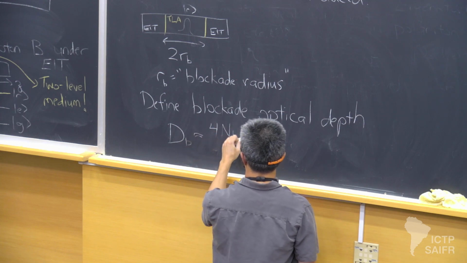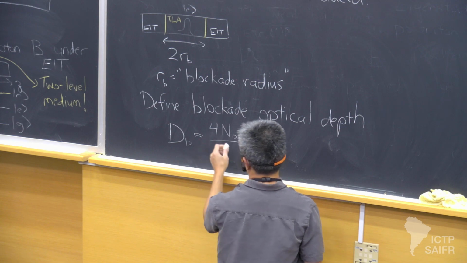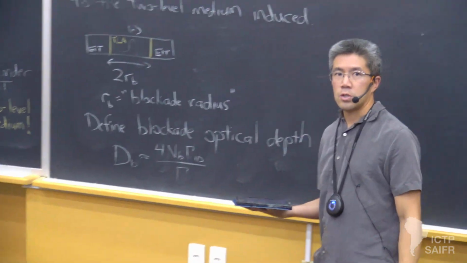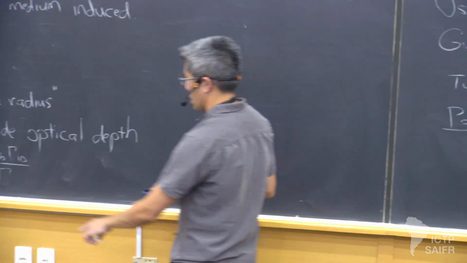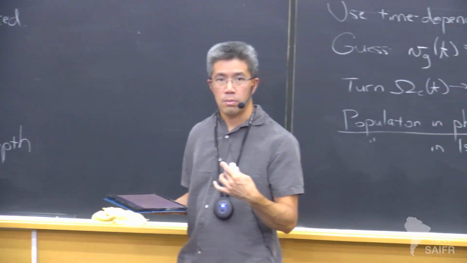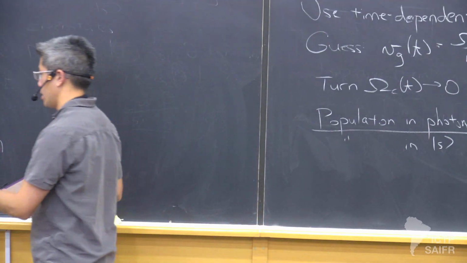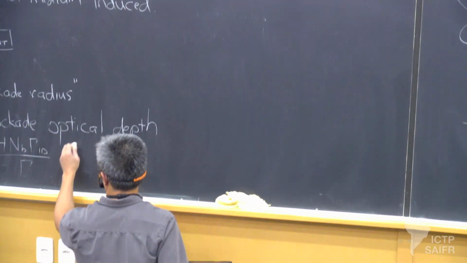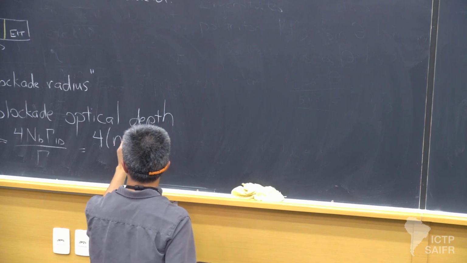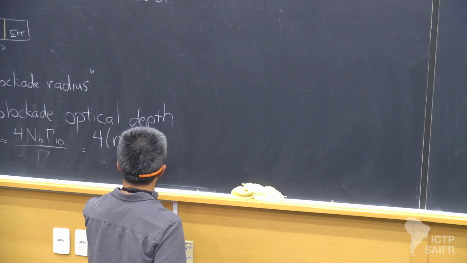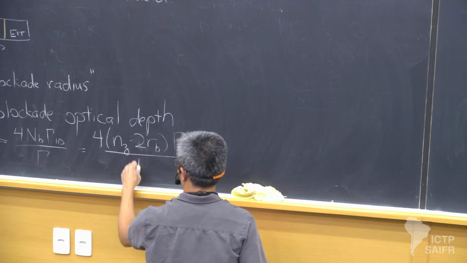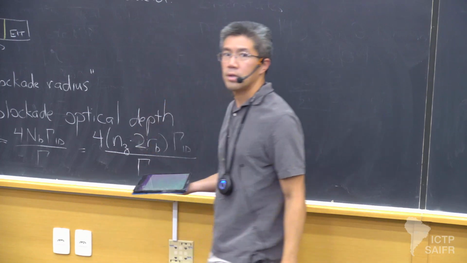Before, I defined the optical depth as the number of atoms times the coupling efficiency to the Gaussian mode. Now, instead of the total atom number, I'm only going to include the atom number within this blockade region. So this is 4 times the density of atoms times 2 times the blockade radius times gamma 1D over gamma.